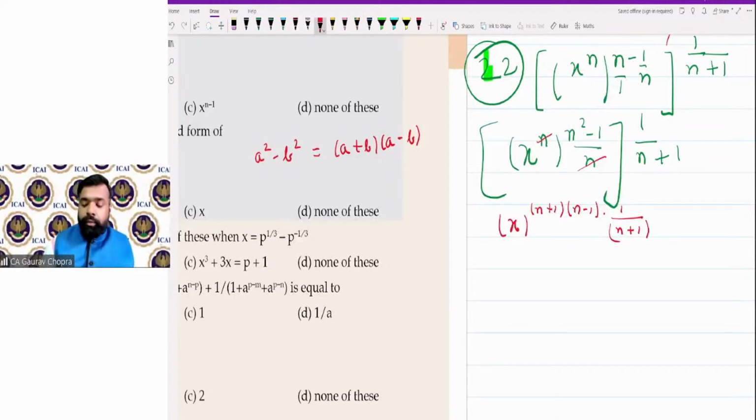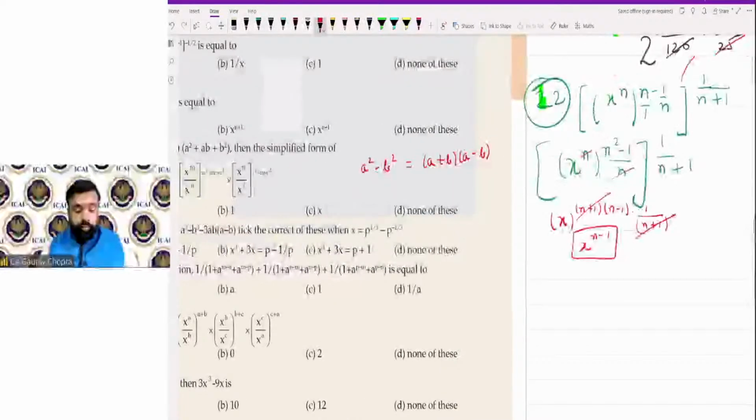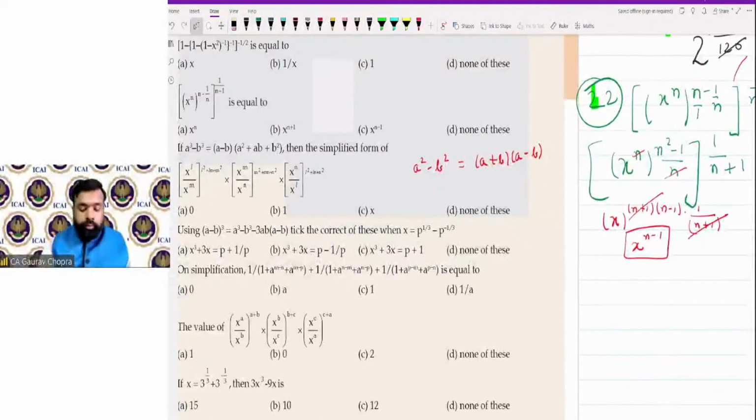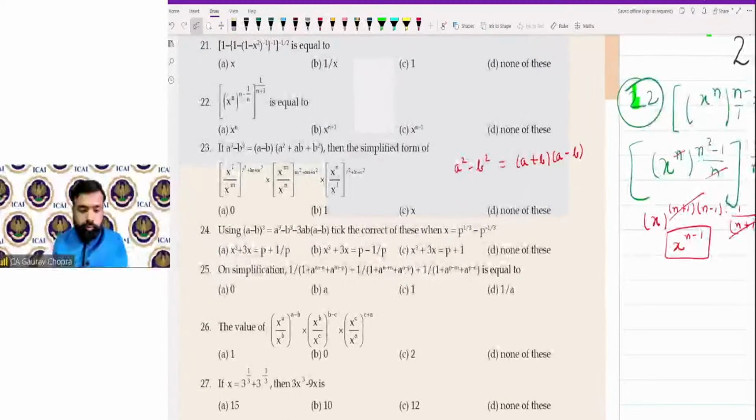So this power n plus 1 will get cancelled. So we are left with x to the power of n minus 1. Option number C.